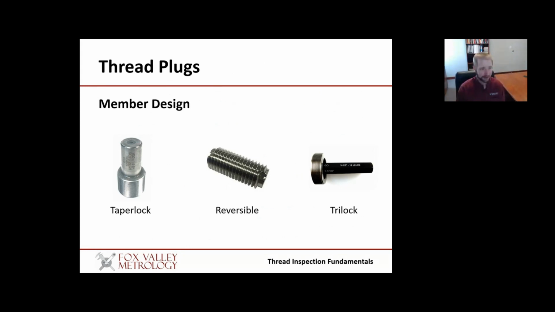And we very commonly see items over an inch and a half. There are some very, very large manufactured threaded components out there that are of course going to require a thread plug that is correspondingly as large.